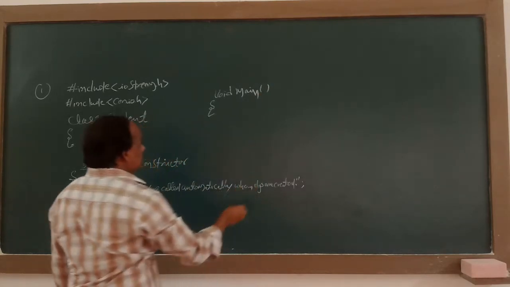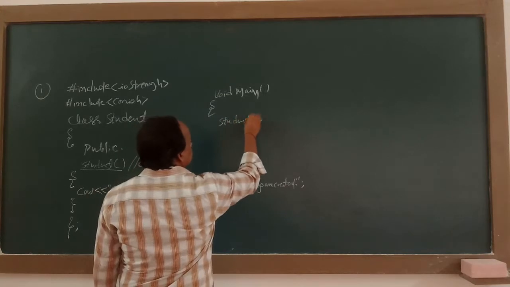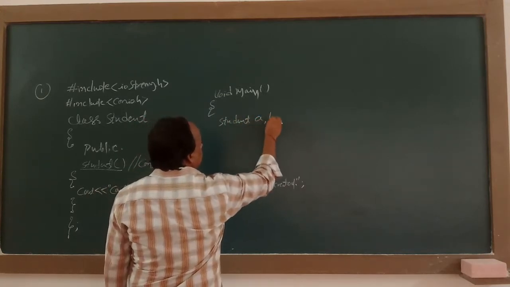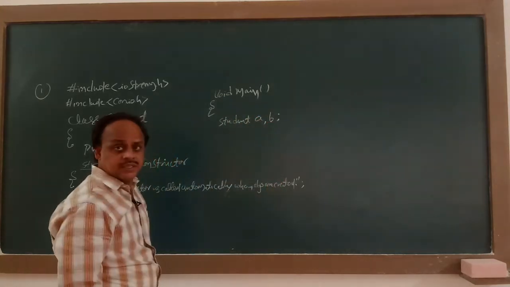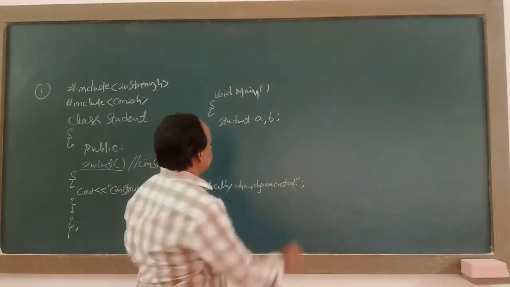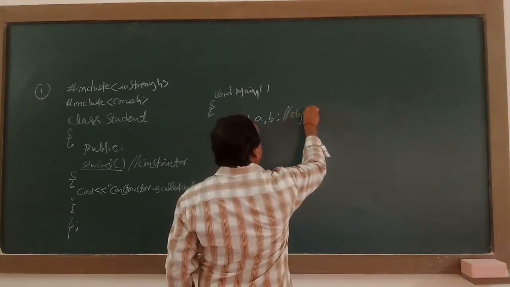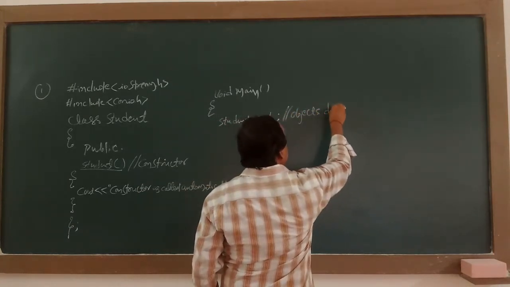So what is the first step? Object declaration. Student A comma B. This is the same as the class name, and these are the objects, right? What is this? Objects declaration.